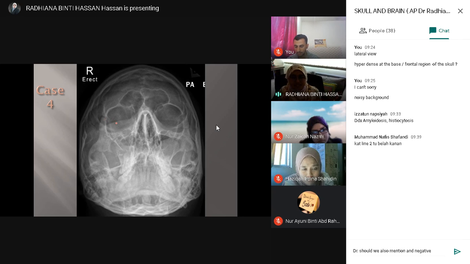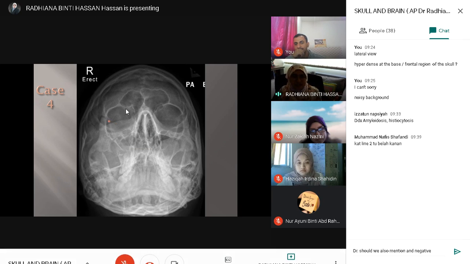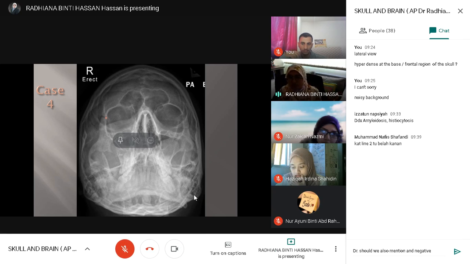Of course, there are types of fracture with dissociation, where the suture is widened. But a fracture usually will have a sharp margin, whereas a suture will have a corticated margin. So you see a very nice opacity at the border of the gap there. That means this is usually not a fracture.